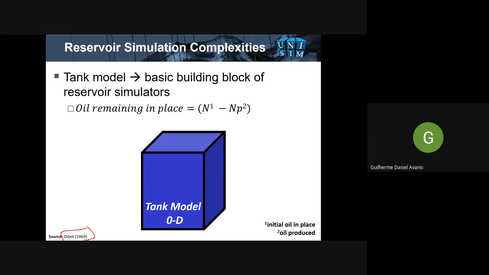The tank model is 0D. So we have here a basic building block of reservoir simulation. The oil remaining in place is just the difference between the original oil and the oil that is produced. Okay, it's just a conservation of mass.